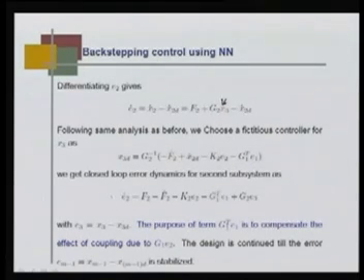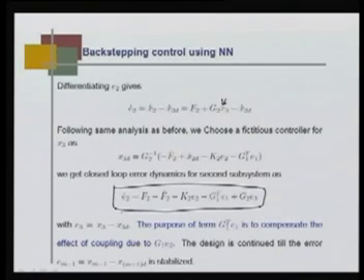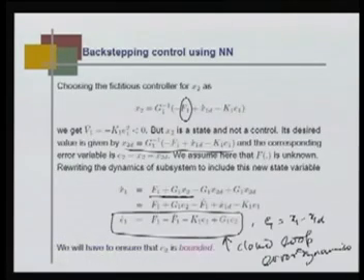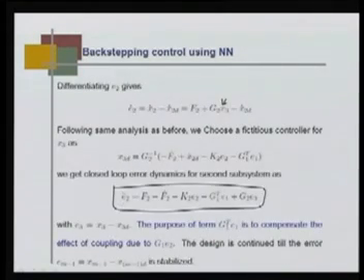Then we get the second closed loop error dynamics: e2 dot is f2 minus f2 hat minus k2 e2 minus g1 transpose e1 plus g2 e3. You see that this g1 transpose e1 is to compensate the effect of coupling due to g1 e2. You can actually derive this from first principles, the way we found e1 by taking the Lyapunov function. Similarly, you can find out e2 dot.